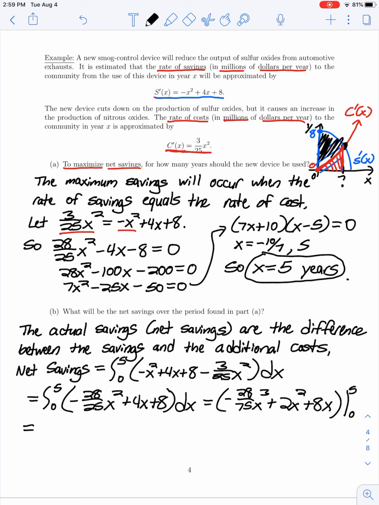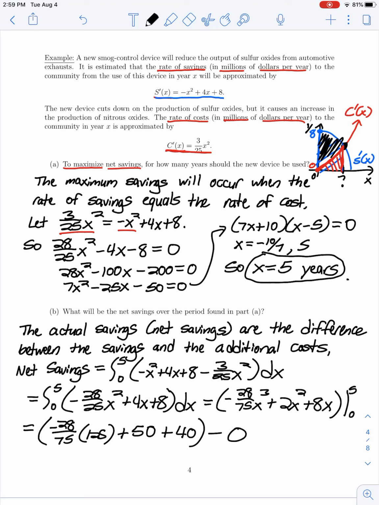So evaluating at x equals 5, we have negative 28 over 75 times 5 cubed, which is 125, plus 2 times 5 squared gives us 50, plus 8 times 5 is 40, and then we subtract the value that we get when we evaluate at x equals 0, but we see that that would be 0.